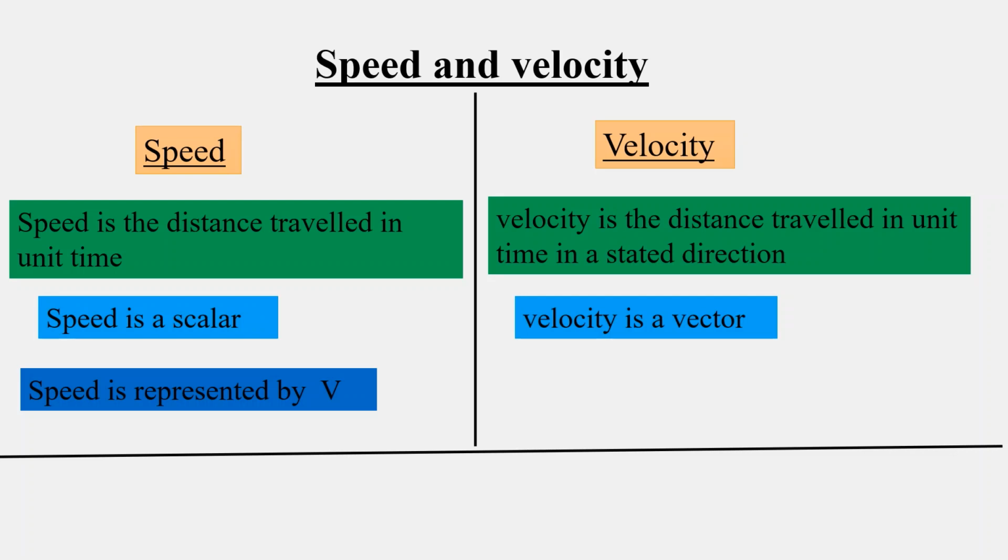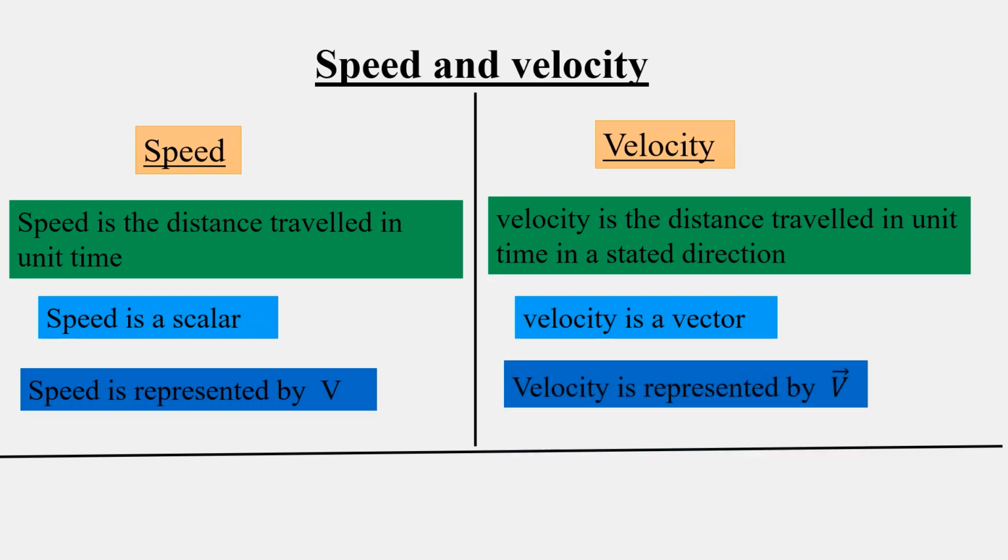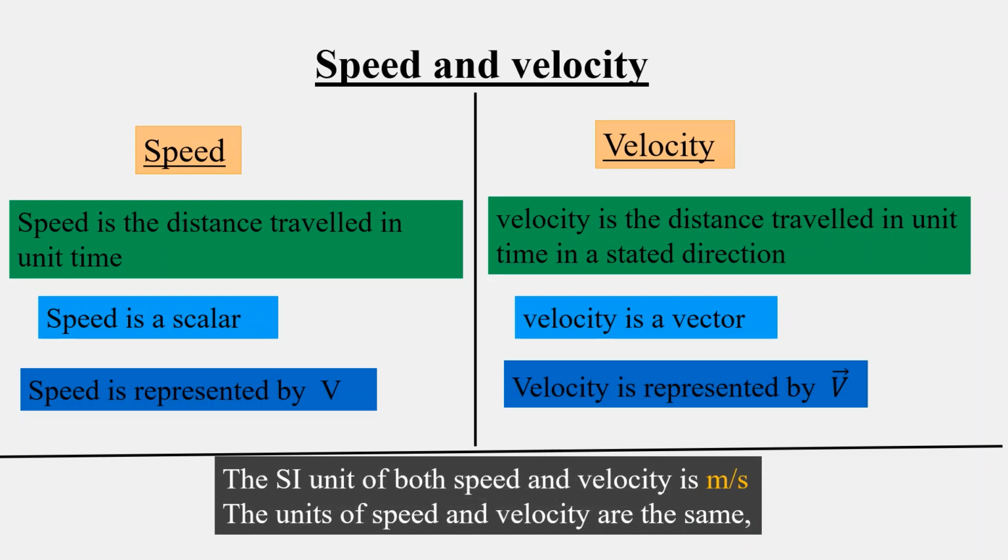Since velocity is vector, we can say more about it. And the SI unit of both speed and velocity is meter per second, which means they have the same units.